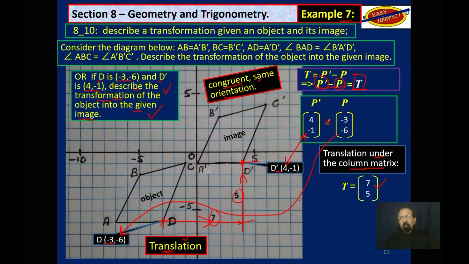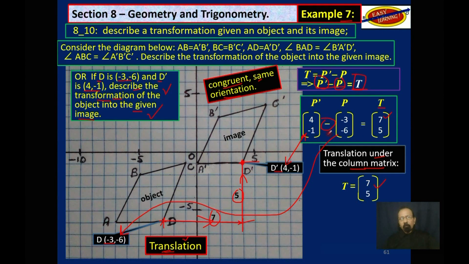We subtract P from P prime, and we get the translation vector, which is 4 minus -3, which is 4 plus 3, which is 7, and -1 minus -6.